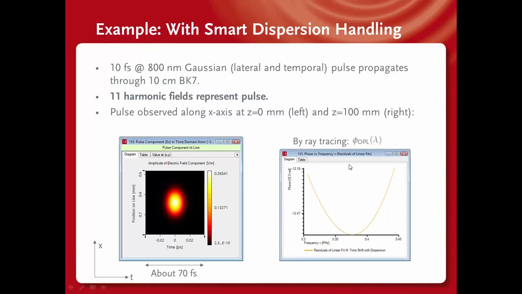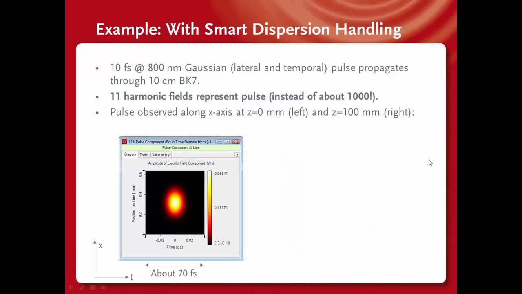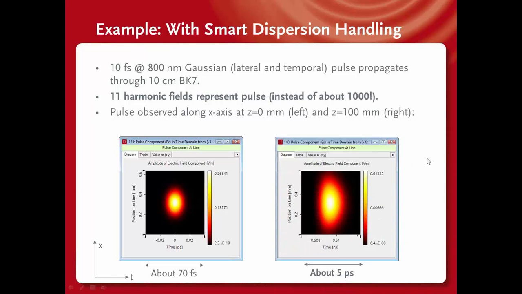If you now do a ray tracing analysis, you get a phase shift for the different frequencies, and then you can do the smart dispersion handling, keep the number of harmonic fields constant and use just 11 fields instead of 1000 fields, and you end up with a very well sampled field in the time domain in the target plane.